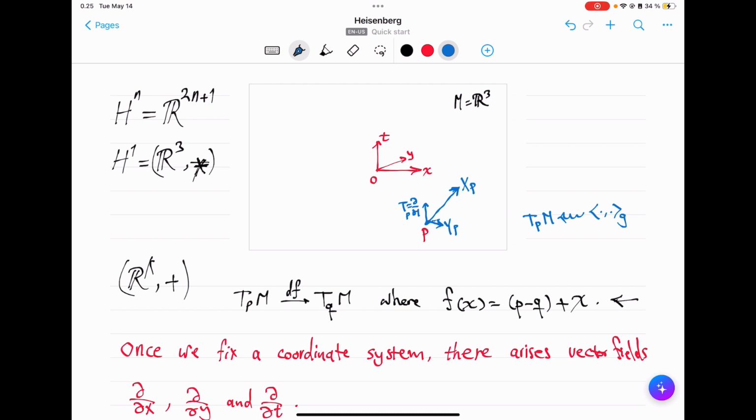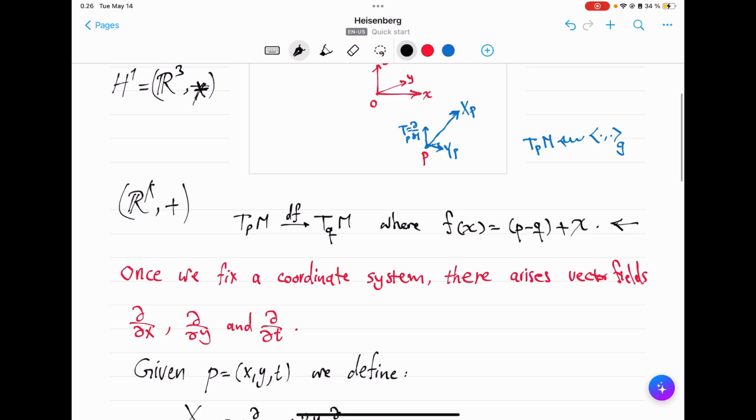And because these vectors vary smoothly, the resulting inner product G will vary smoothly. So it's a definition / proof that such a Riemannian metric does exist.